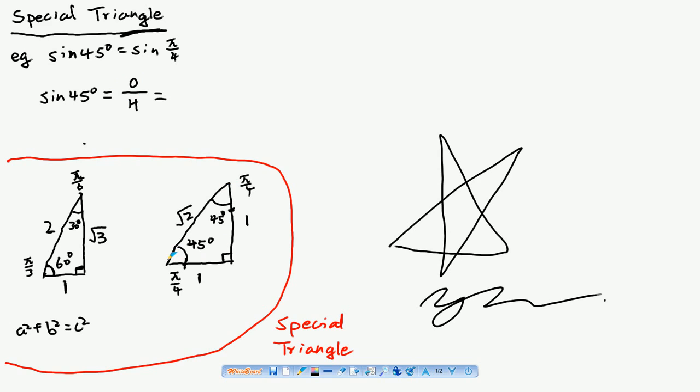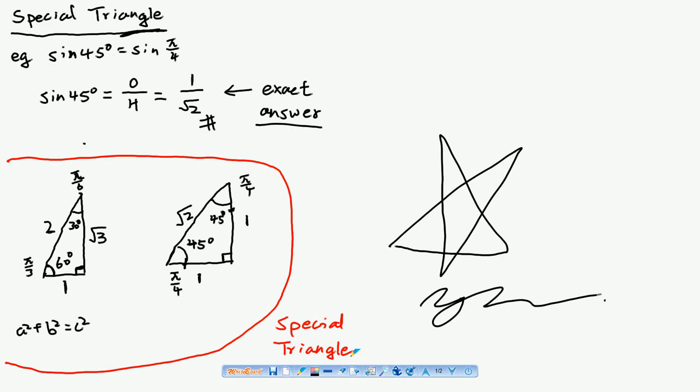The hypotenuse of this triangle is square root of 2, and the opposite of the 45-degree angle is 1. So sine 45 is 1 on square root of 2, and you leave your answer like that. We call this the exact answer. In your book or in the exam, when they ask for the exact answer, you leave your answer in fraction form instead of decimal form.